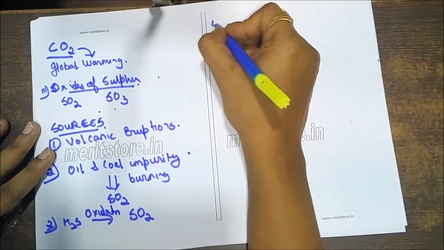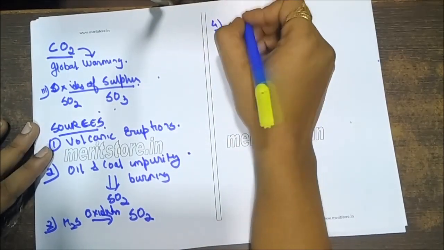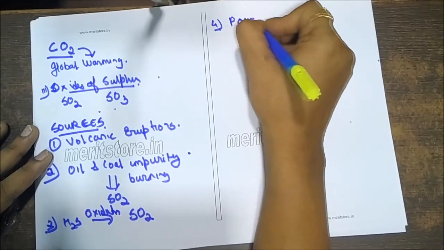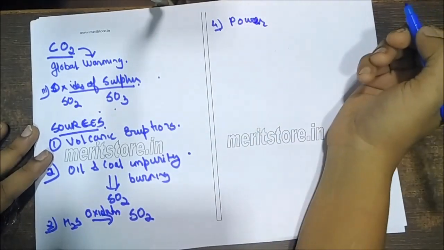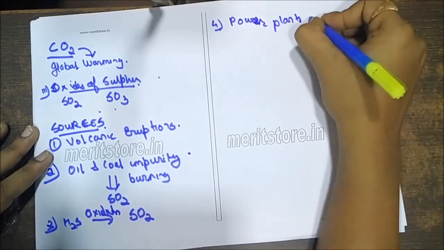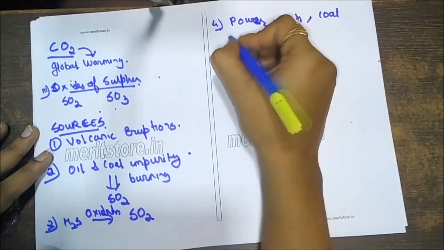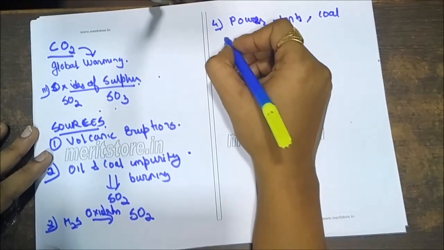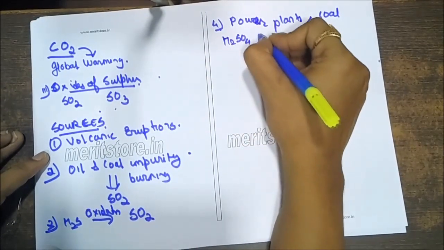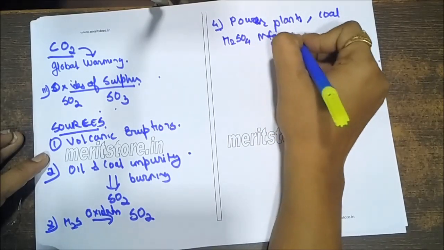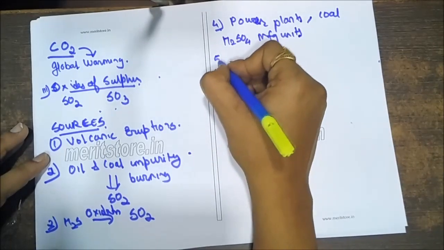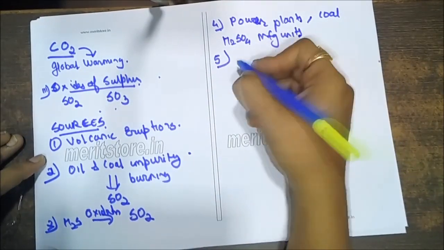Next source is power plants, coal-based refineries, and H2SO4 manufacturing units. H2SO4 manufacturing units, they also release sulfur dioxide into the atmosphere.